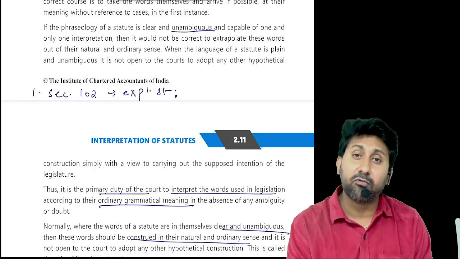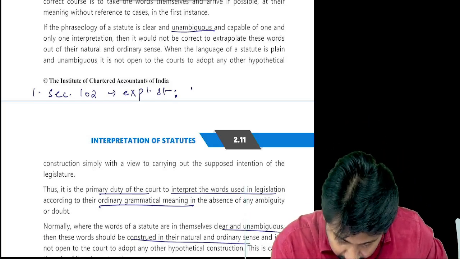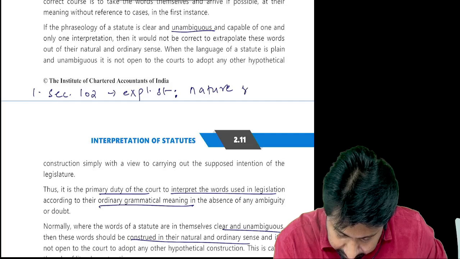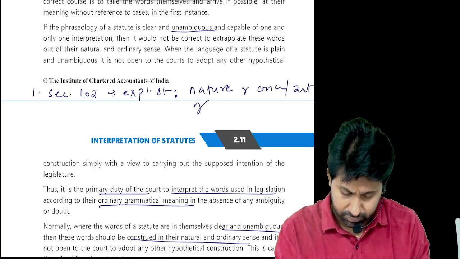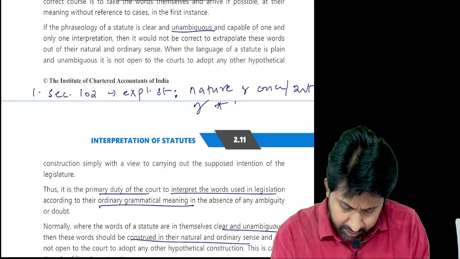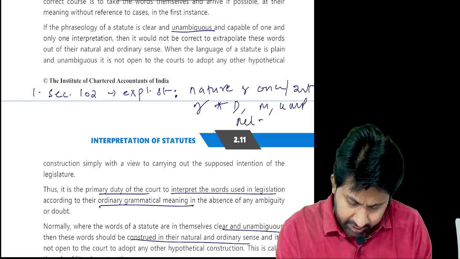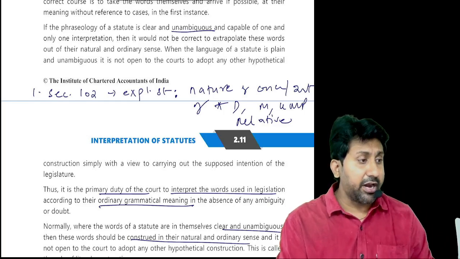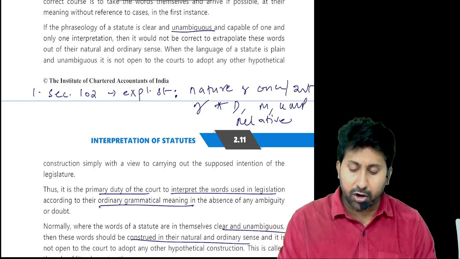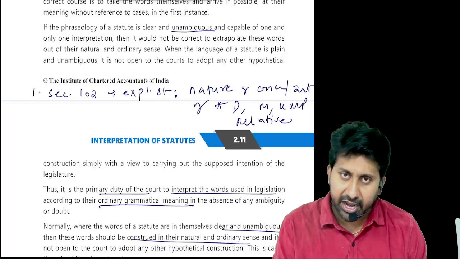What should it contain? Nature of concern or interest in any contract or arrangement with the director, manager, KMP or their relatives.